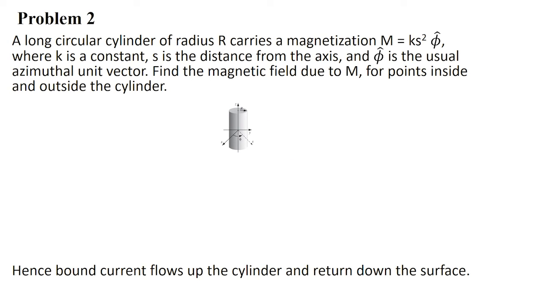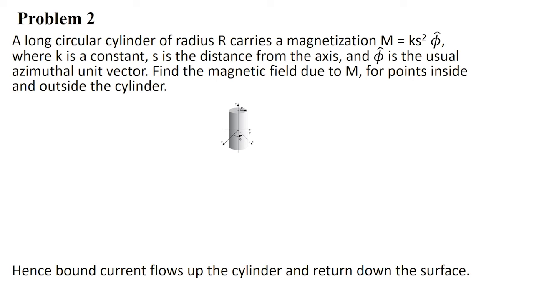Problem number 2. A long circular cylinder of radius R carries a magnetization M equal to k s squared phi cap. The k is a constant and s is the distance from the axis, and phi cap is the usual azimuthal unit vector. Find the magnetic field due to M for points inside and outside the cylinder.